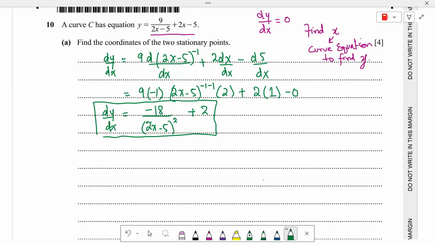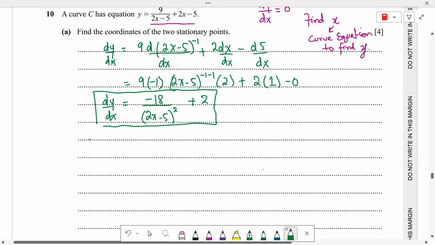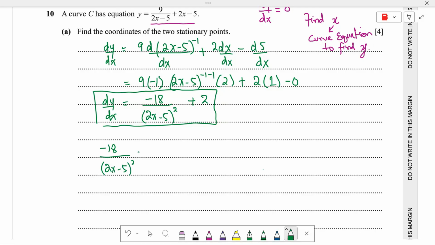We have calculated the dy over dx and we will equate it with 0 to find the value of x. So negative 18 over 2x minus 5 whole square plus 2 equals 0, so 18 over 2x minus 5 whole square equals 2, and this is 9. By cross multiplication we will have 9 equals 2x minus 5 whole square.